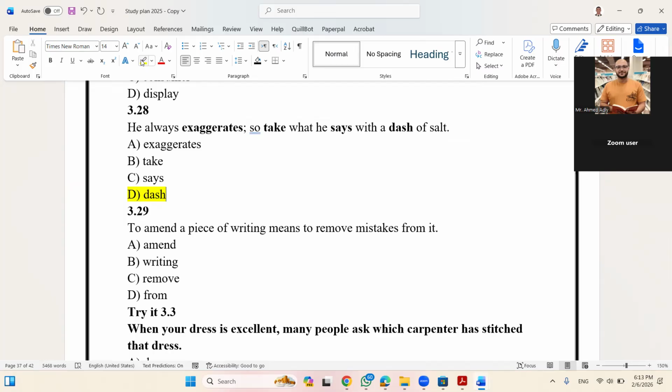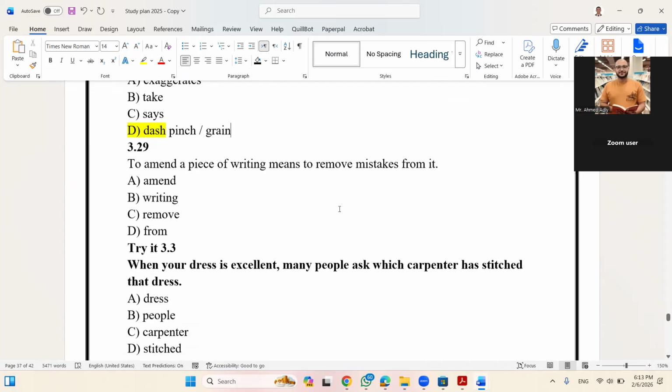Pinch: when you put your thumb and your index together, this is called a pinch. Even when we pinch someone, we do it with a pinch, all right? So if you take something with a pinch of salt, you don't believe that.